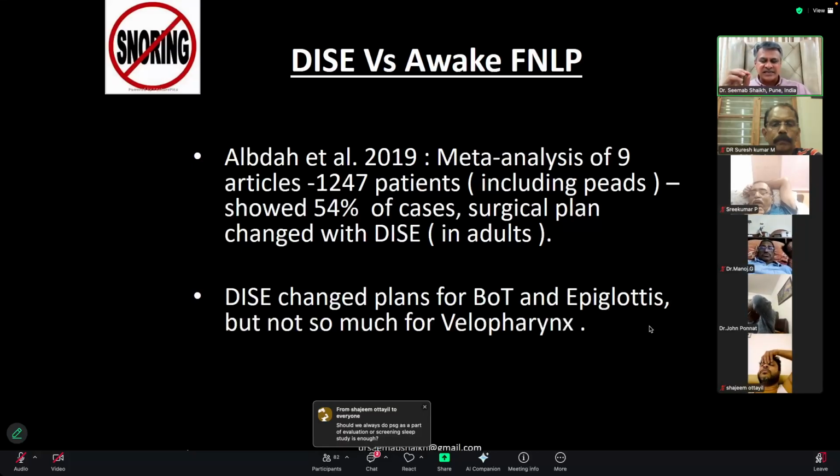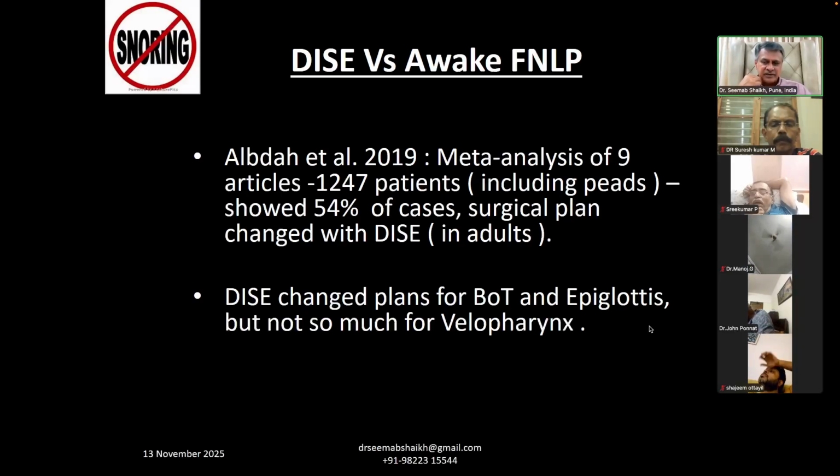The logic is that if I clear my nose, nasopharynx, and palate, and I've opened the upper airway nicely and properly, then because of Bernoulli's phenomenon, the entire collapse of the tongue base and epiglottis will change. So when you really need to work on the tongue base and epiglottis, that is the time when you need DICE. Not right at the beginning, not before a septoplasty.